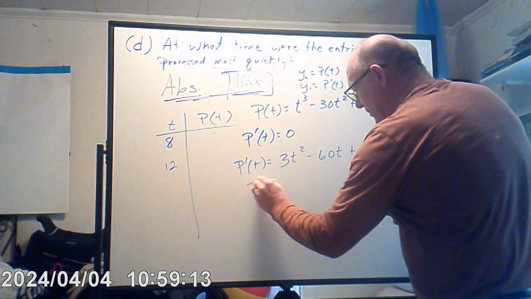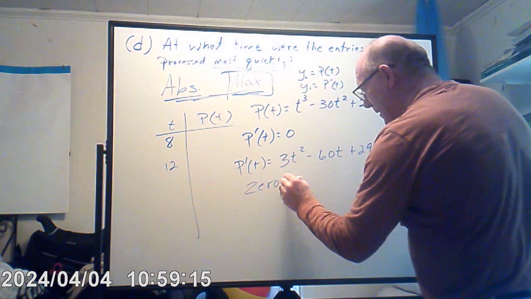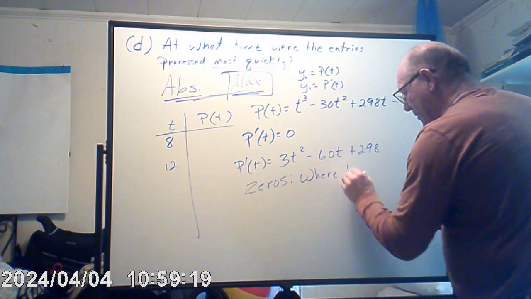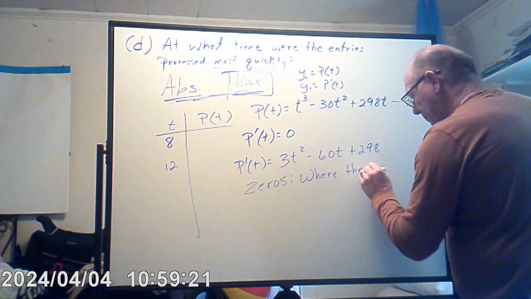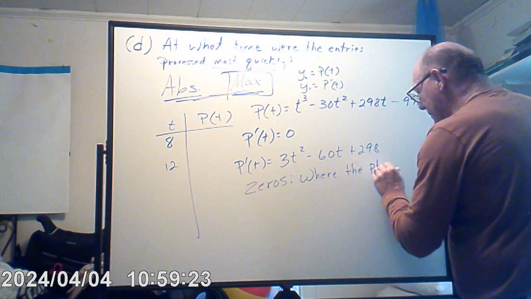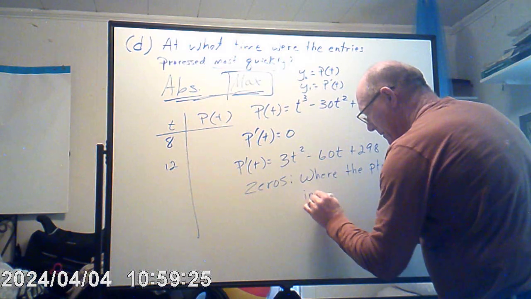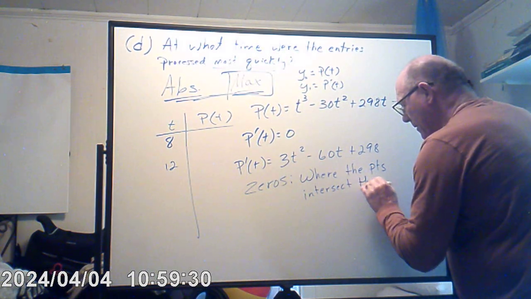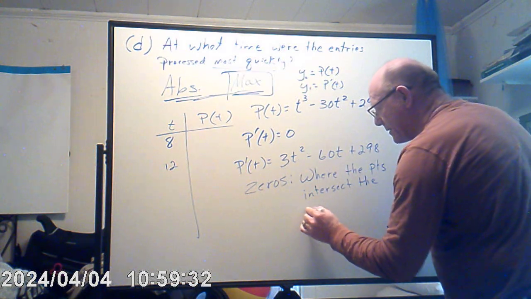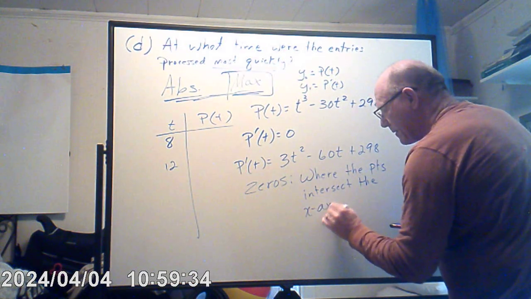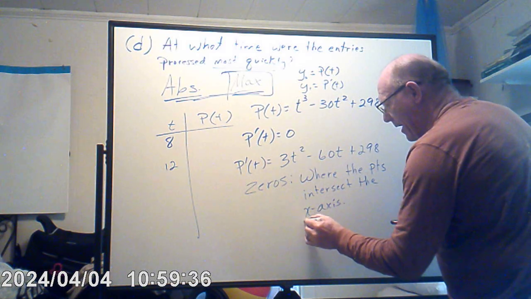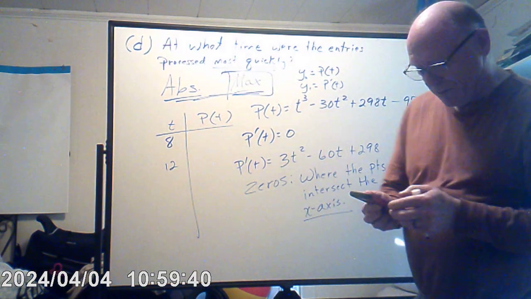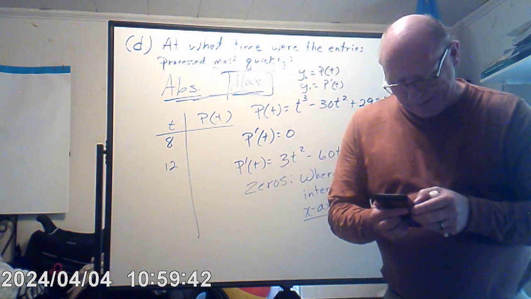So I found the zeros. That means where the points intersect the x-axis or the t-axis. T for time, whatever you want to do. So I found the zeros, and this is what I came up with.